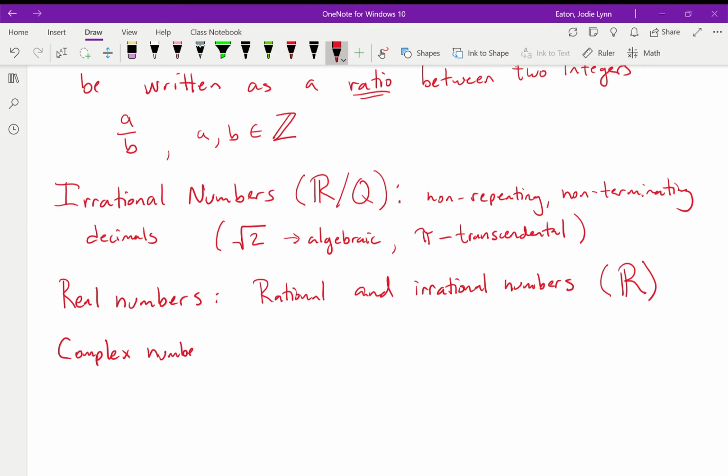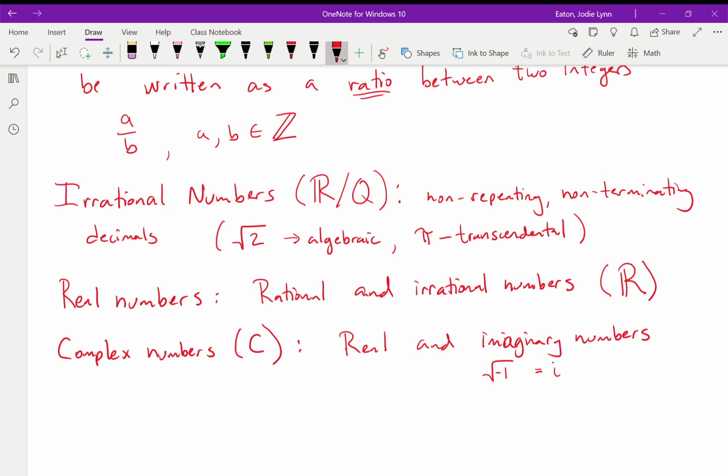Our complex numbers, which would be written as C, contain real and imaginary numbers. We won't be getting into that in this course, but just so that you know what an imaginary number is, we define the square root of -1 to be i as our initial imaginary number.